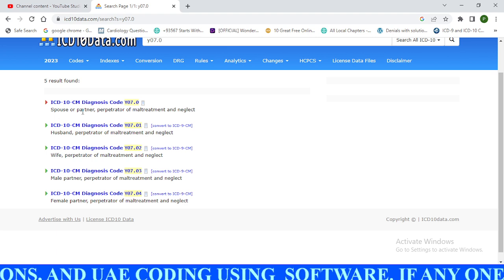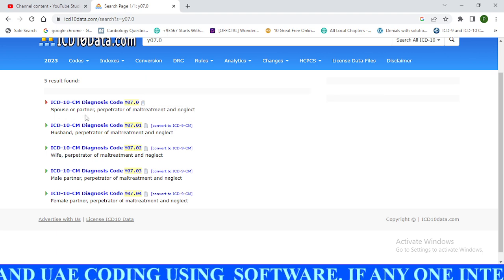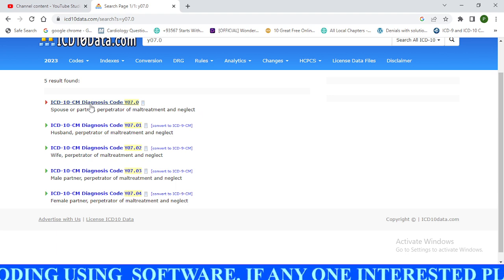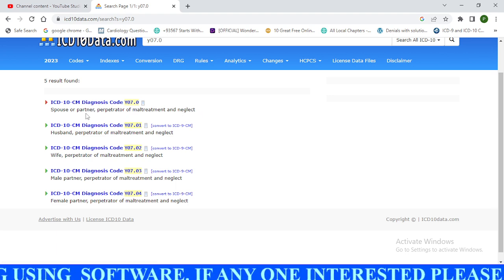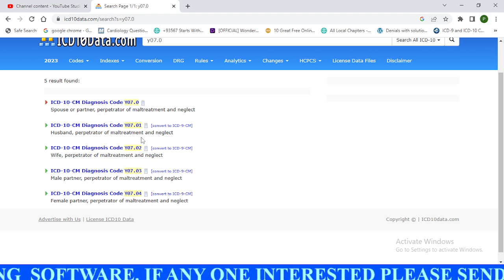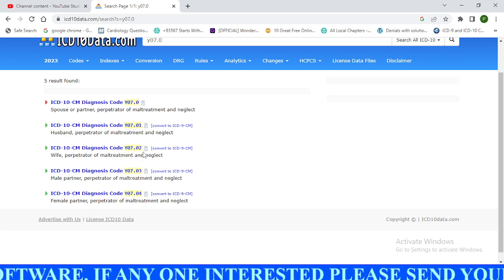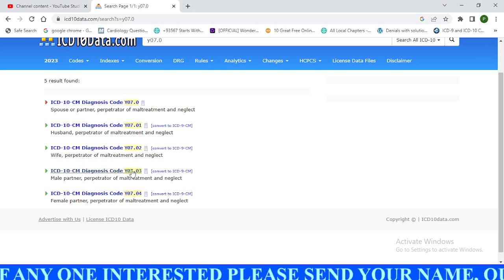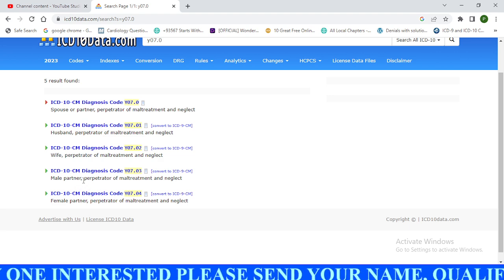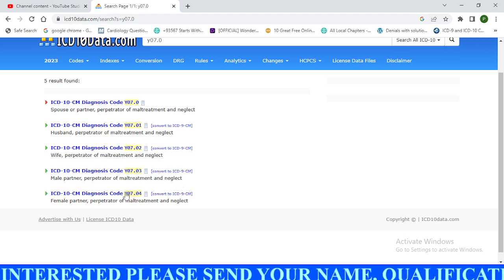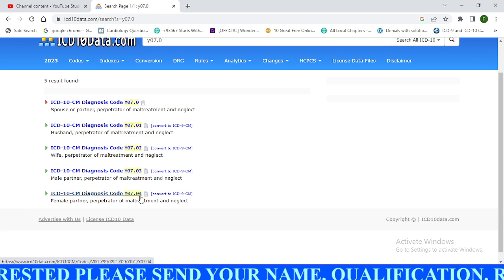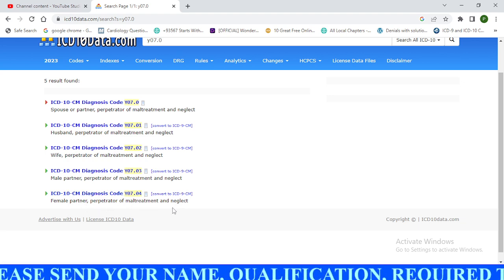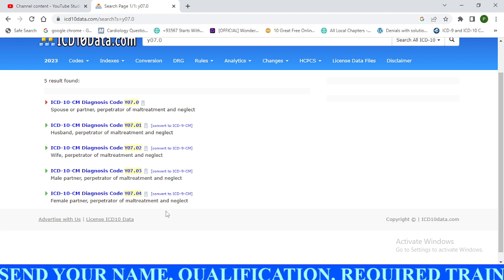Y07.0 is spouse or partner, perpetrator of maltreatment and neglect. Y07.01 belongs to husband, Y07.02 belongs to wife, Y07.03 belongs to male partner, and Y07.04 belongs to female partner, perpetrator of maltreatment and neglect.